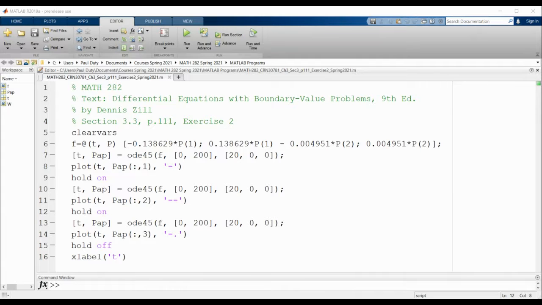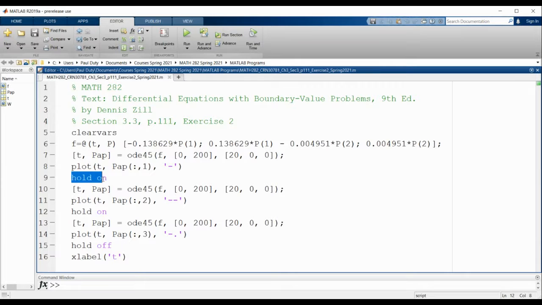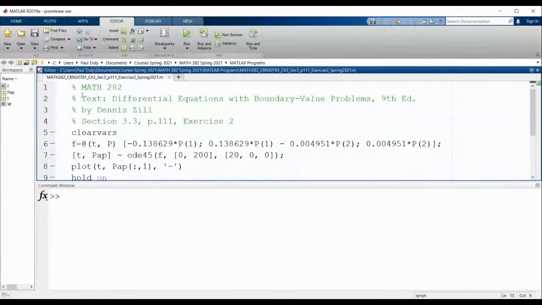Hold on means hold that graph, MATLAB. I'm adding another graph. Then I'm going to add a graph for the solution points for element Y, and then the solution points for element Z. And then I say hold off. Hold off means, okay, now produce the graph. We're not going to add any more curves to the graph. So when we run this, we should see a graph with 3 curves.